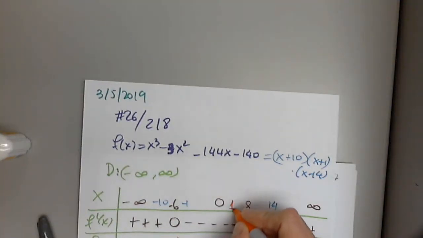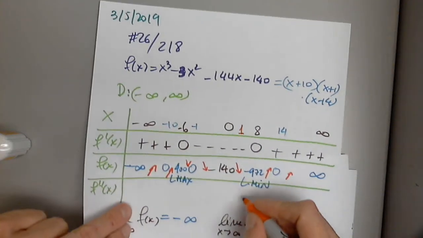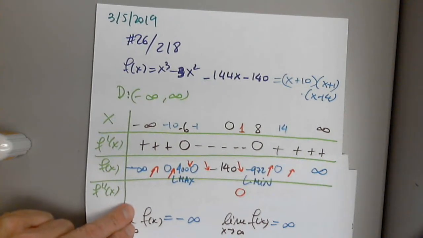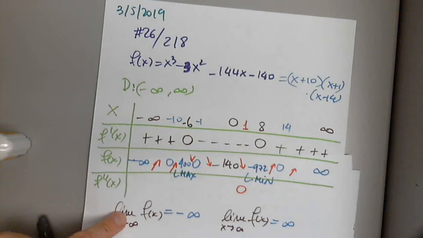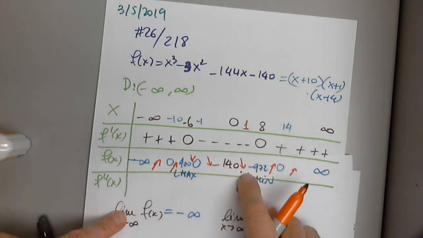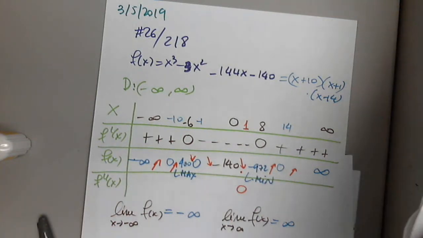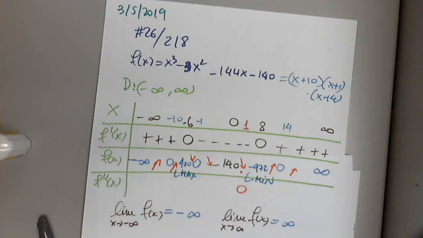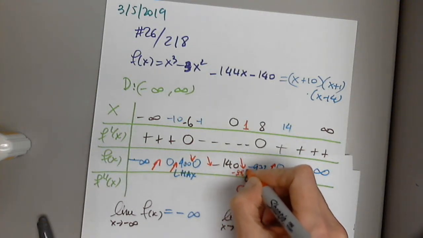I put 1 where it belongs. Of course, my table has no more room, obviously, and I have to find this value here. I'm going to go back to the graphing calculator and plug in 1 in this function. So this is -286.